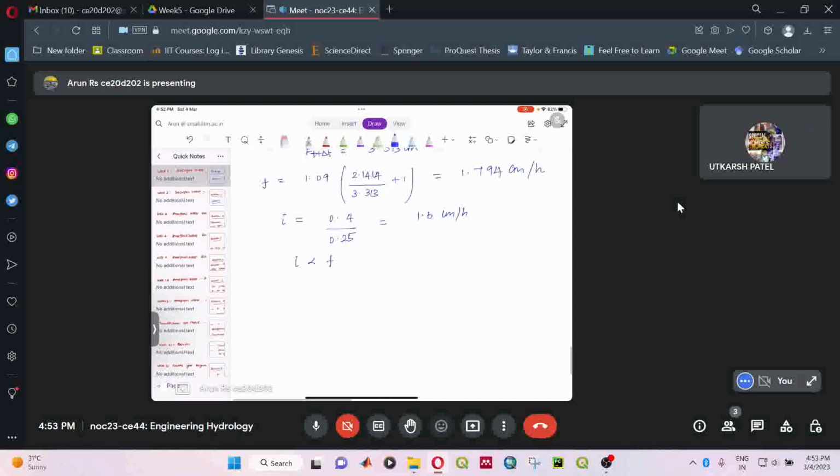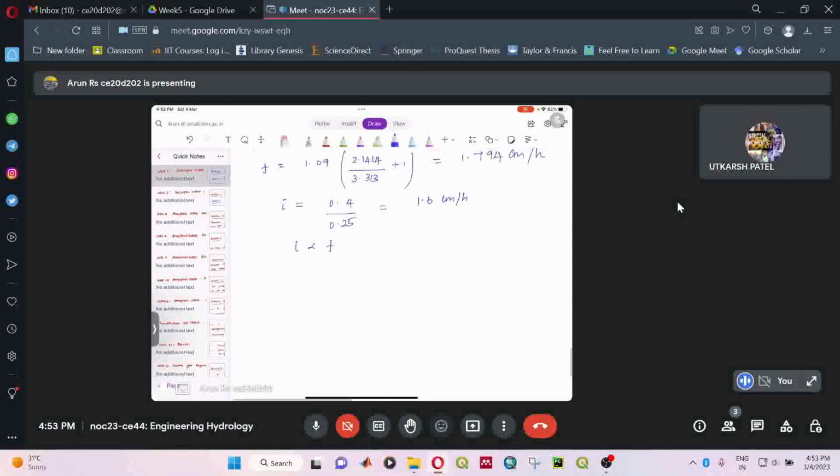Since rainfall intensity is less than f, no ponding occurs.